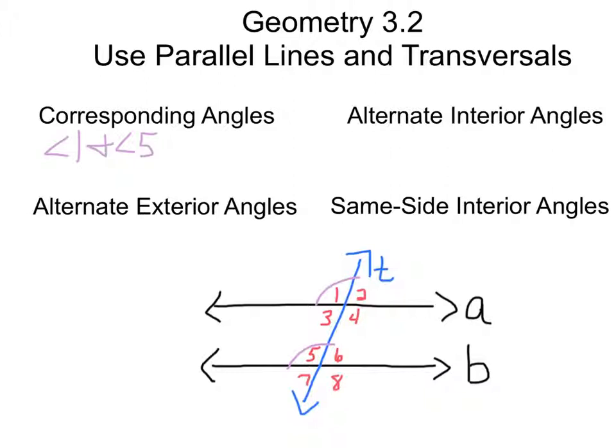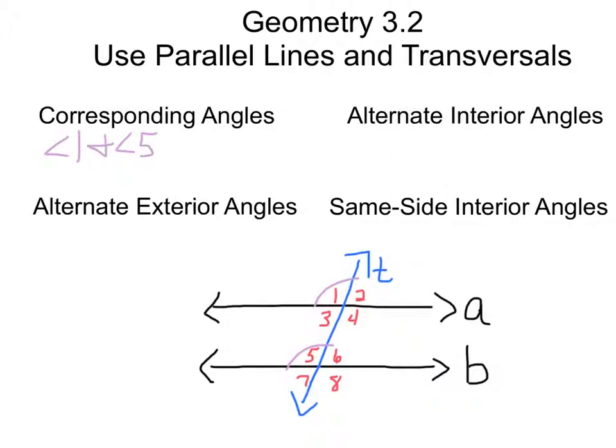Angle 2 would be corresponding to angle 6 because they are in the top right-hand corner. Angle 3 would correspond to angle 7 because they are in the bottom left-hand corner. And angle 4 would correspond to angle 8 because they are in the bottom right-hand corner.